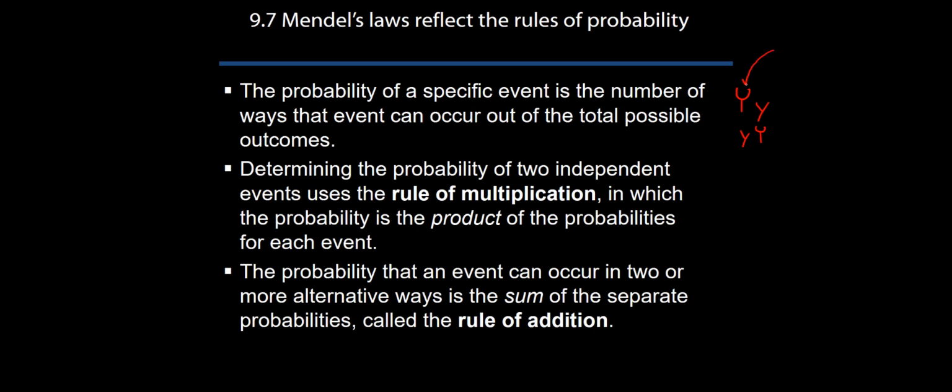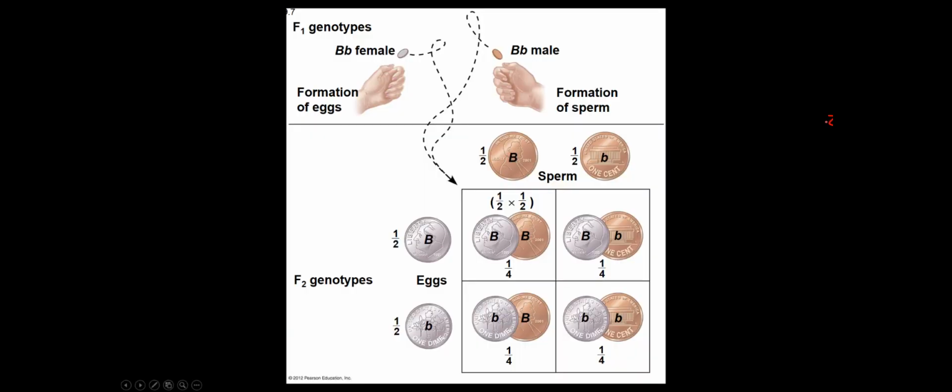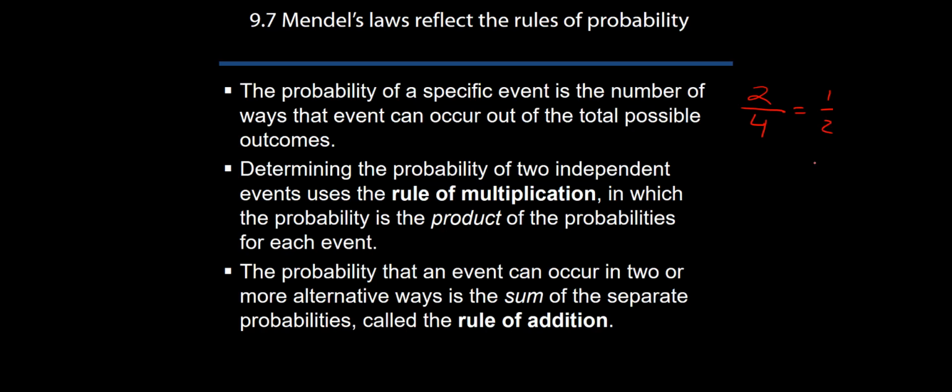The capital letter can come from the mother and the lowercase from the father, or the capital can come from the father and the lowercase from the mother. So you can get the hybrid genotype two different ways, and out of all the possible combinations, 2 out of 4, or 1/2, yields that possibility. That's why we add it.